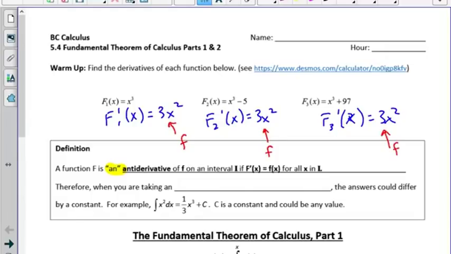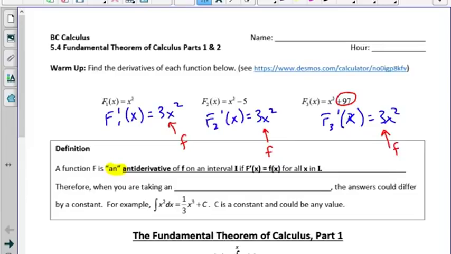We could replace big F prime with little f for all of these cases. So F1, F2, F3, we could have a bunch of different F's, all with different c's. They would all still have the same derivative, okay?